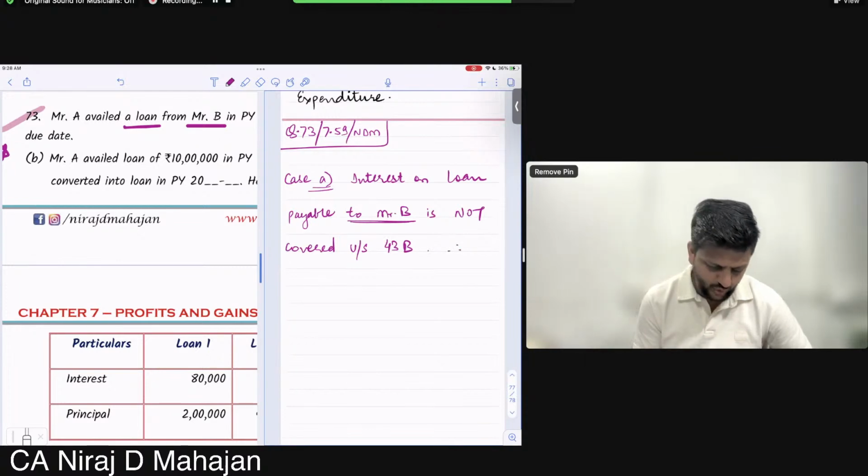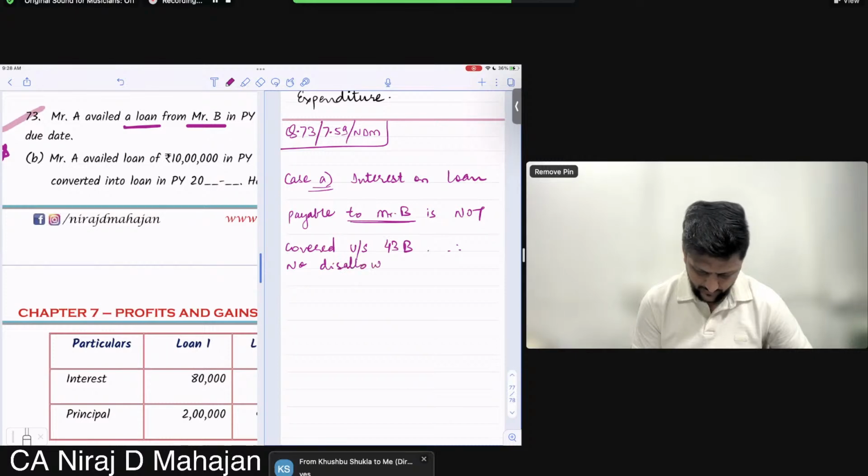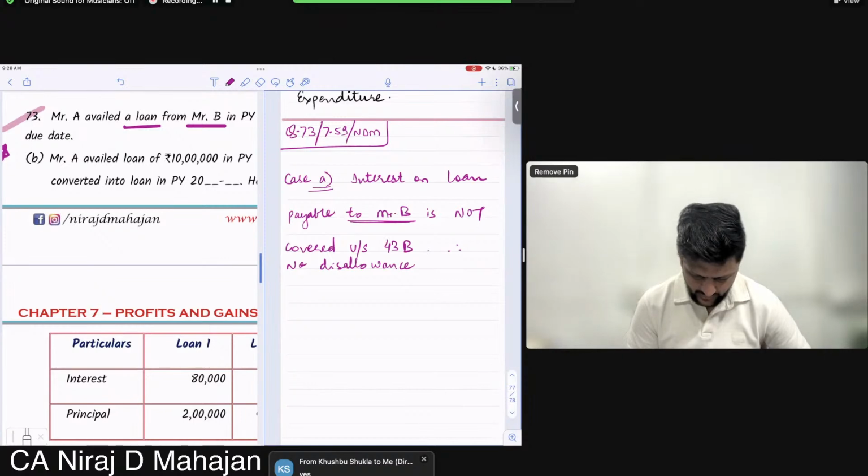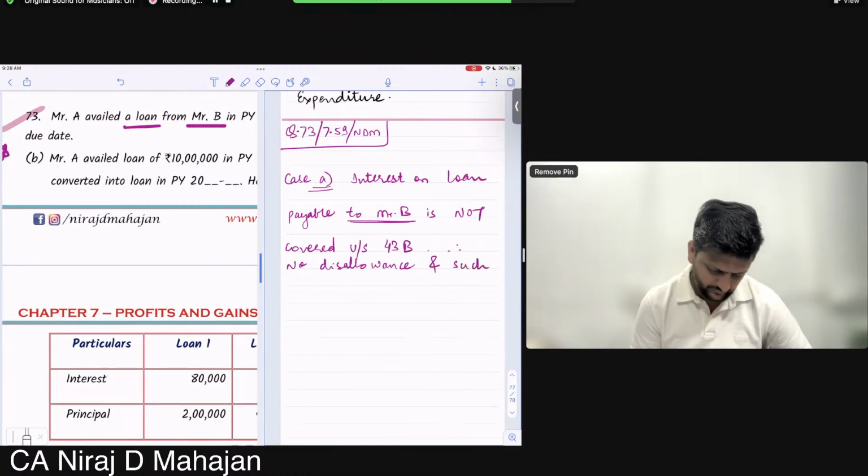Therefore, no disallowance. Now, no disallowance means what, children? In such amount will be allowed as deduction, right?